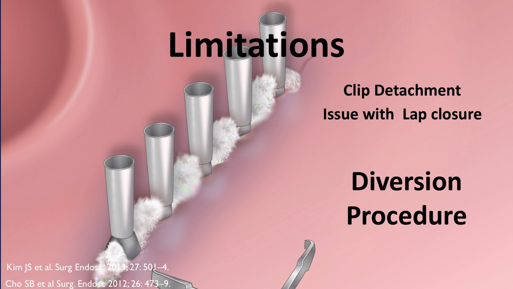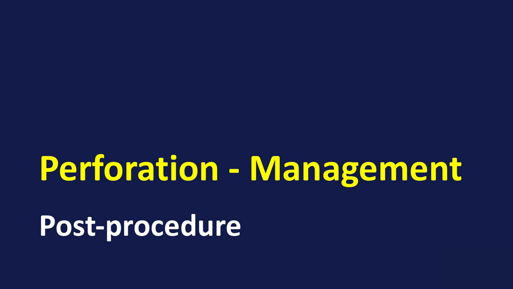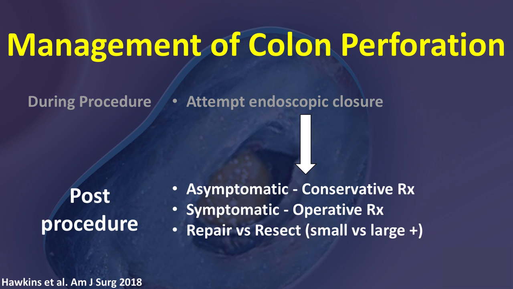The limitations of a clip closure are clip detachment with reopening of the wound, and when the patient goes to surgery, the surgeon may have a tough time closing that wound, and clip-closed defects that failed may require a diversion procedure.